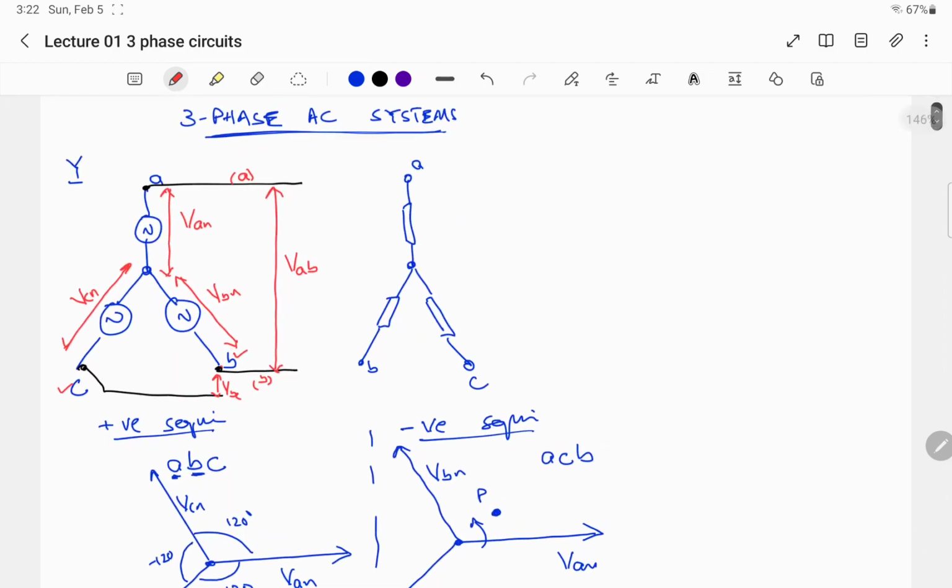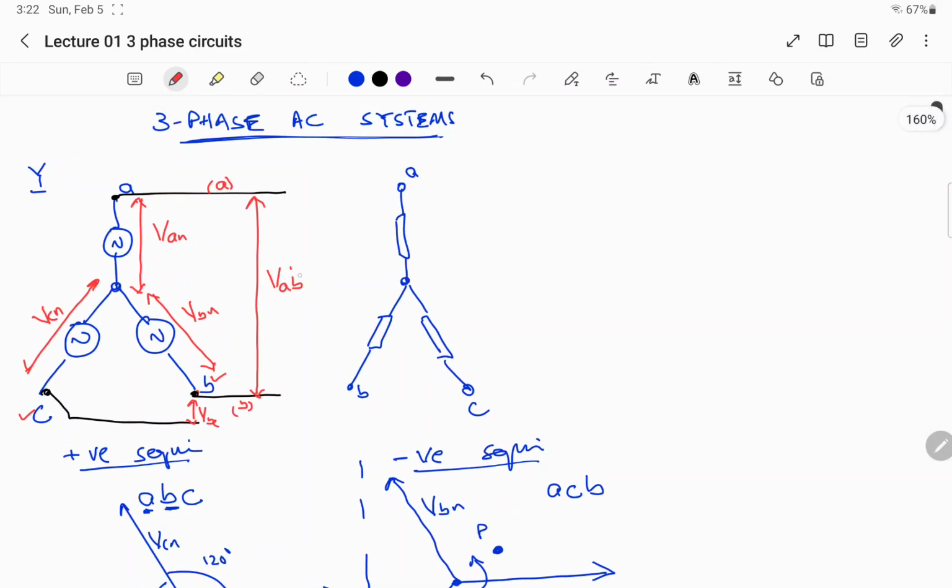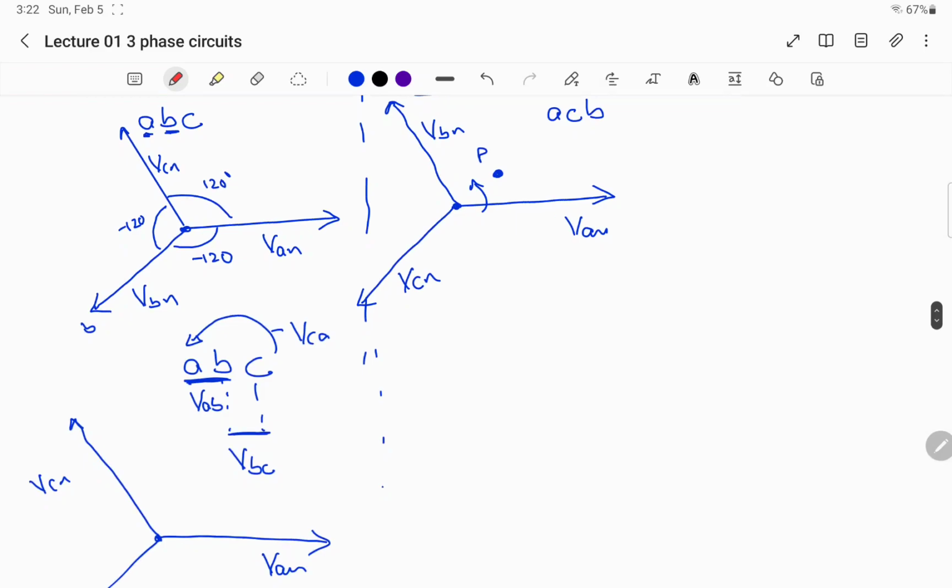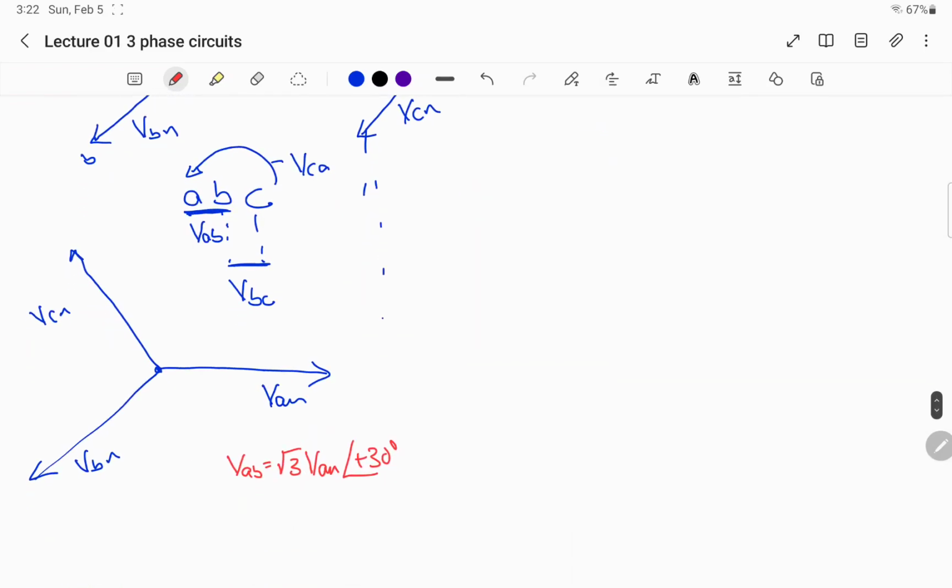So in this case, VAB can be calculated by multiplying VAN by root 3 and adding an angle of 30 degrees to the angle of VAN. So where should I draw VBN? Basically from VAN the angle is 30 degrees. So this is basically VAB.